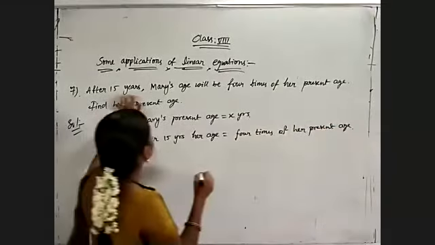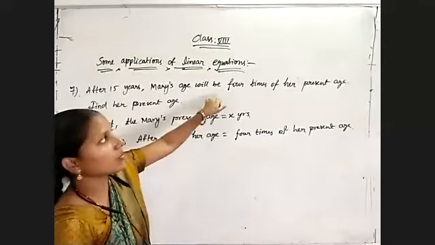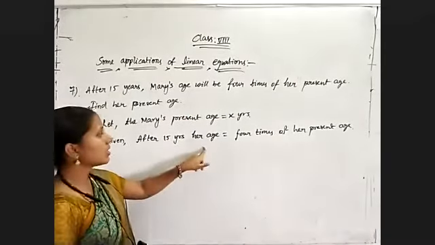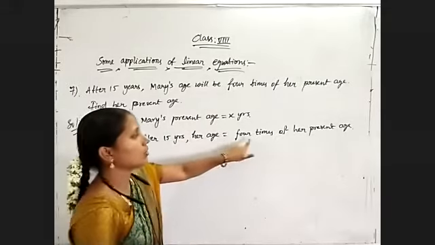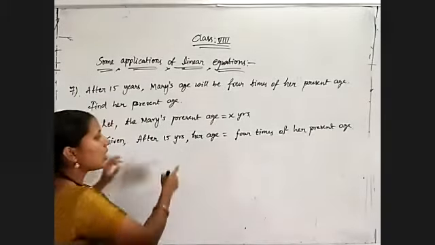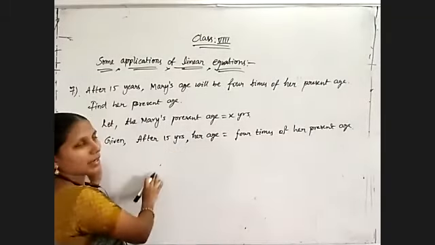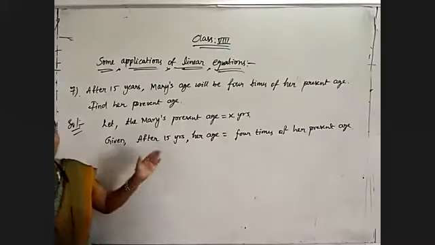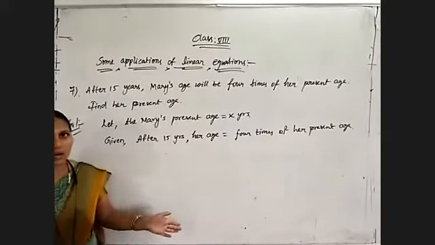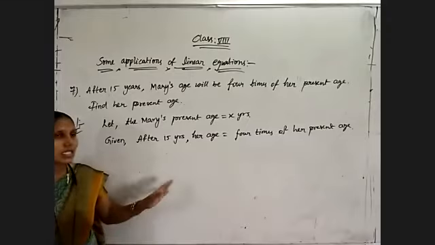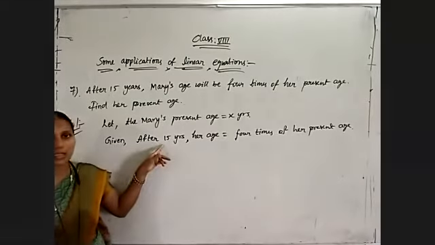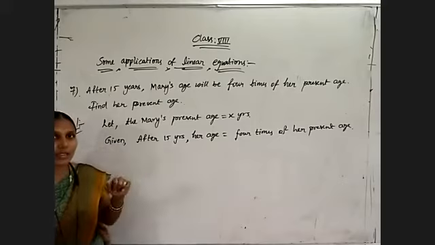After 15 years, what will be Mary's age? Suppose Mary's age is 6 years now. After 5 years, 6 plus 5, 11 years. So after 15 years, 6 plus 15, 21.